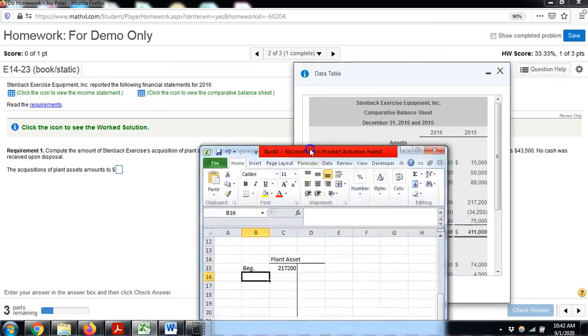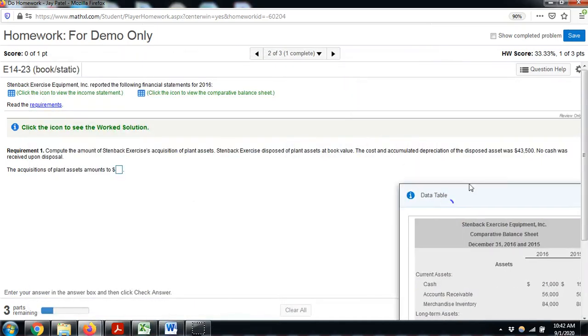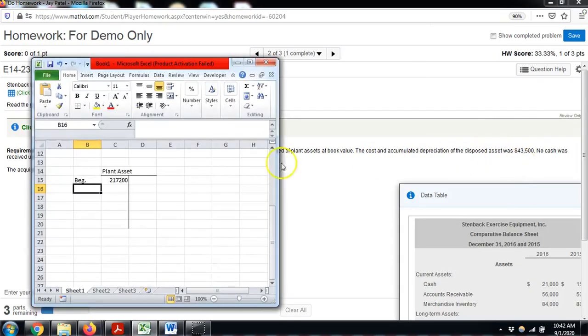And it's telling us that we also disposed of some asset that had a cost and accumulated depreciation of $43,500. So it was basically bought for $43,500 and it was fully depreciated. So we won't get into the accumulated depreciation account because it's not really going to be used.